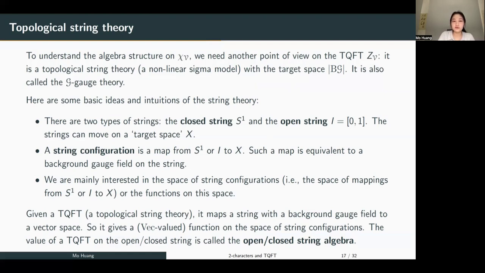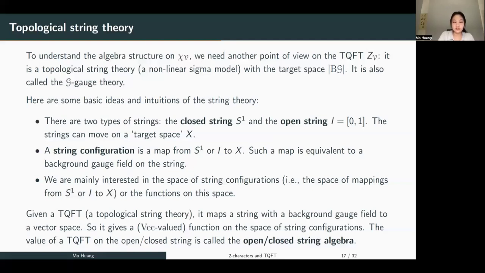The strings can move on a target space X, and a string configuration is a map from S1 or I to X. Such a map is equivalent to a background gauge field on the string. And we are mainly interested in the space of string configurations, that is, the space of mappings from S1 or I to X, or the functions on this space.